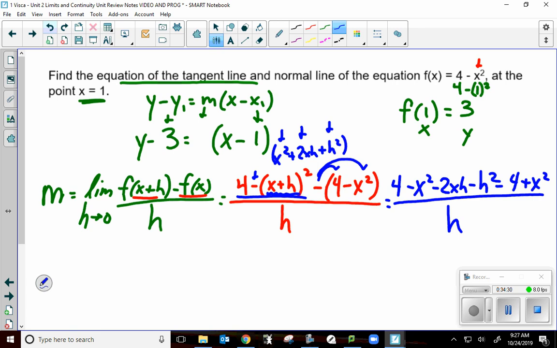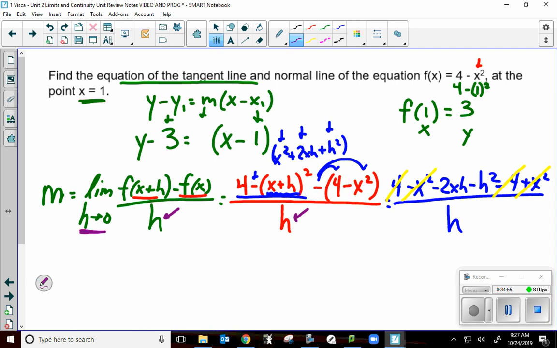And if I did this right, two things should happen. Everything without an h should cancel. Negative 4, positive 4. Minus x squared plus x squared. Done. And what does that mean? Everything has an h. Now, remember, I'm trying to get h to be 0. I can't here, 0 in the denominator.